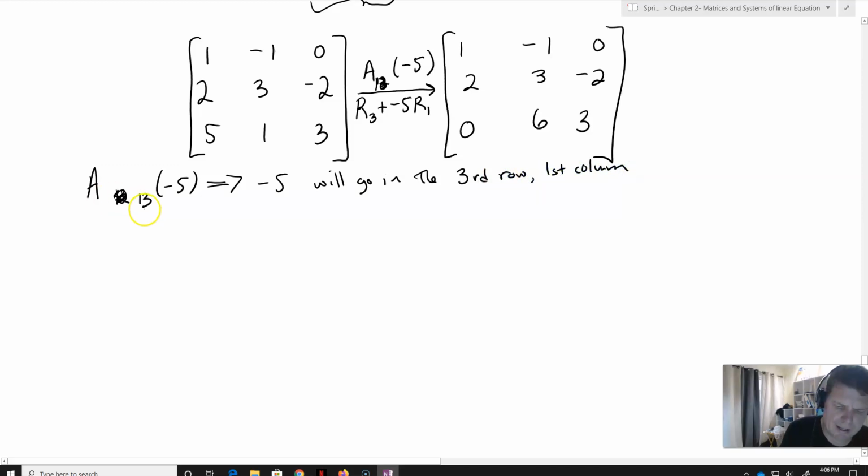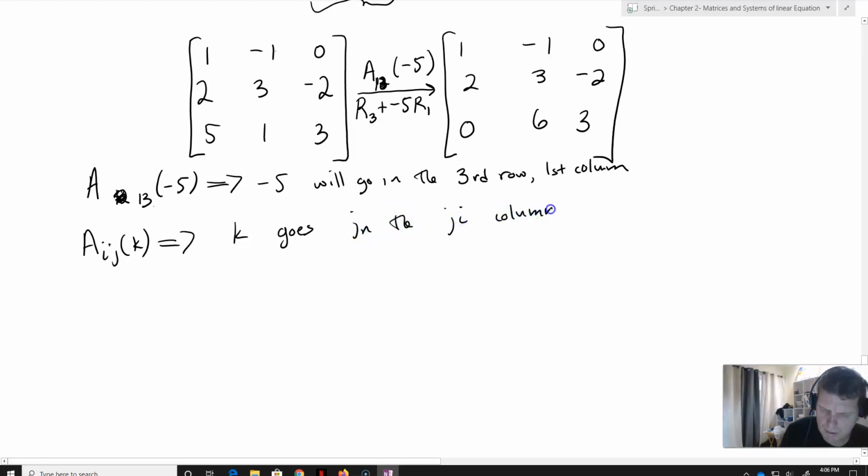So the way we write it is, if this is A_ijk, then k goes in the ji position. So what that'll look like here is 1, 0, 0, then 0, 1, 0, and then this will be -5, 0, 1.